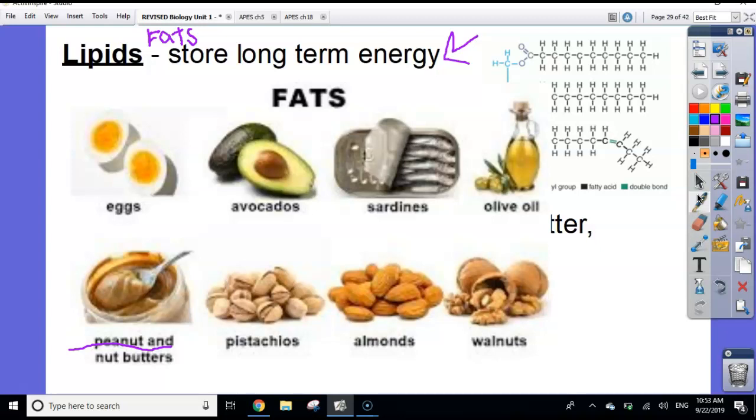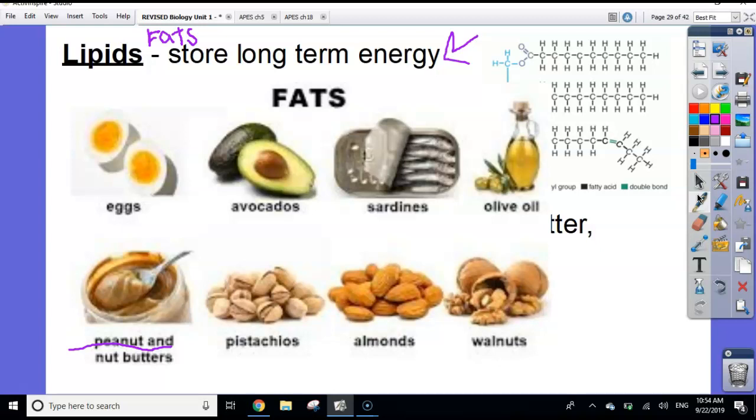What your body is designed to do is whenever you eat too many calories, you eat too much food, your body stores it. Because think about it, in the old days, caveman days, you didn't know when you were going to get your next meal. It might be days before you hunted something and were able to catch it. So what your body does is anytime that you've got extra food that you're not going to use, right? You've eaten too much, you feel really full, your body stores it as fat, okay?